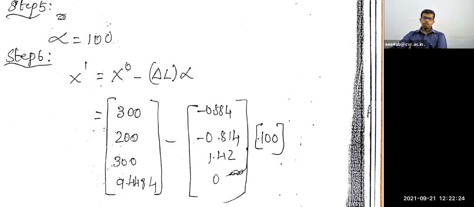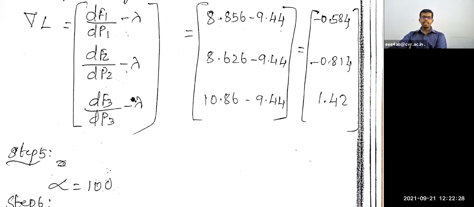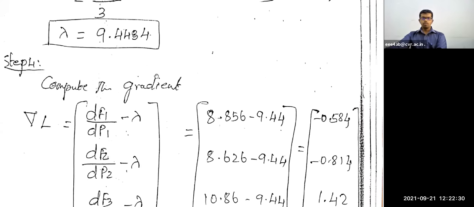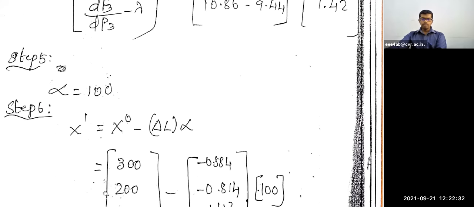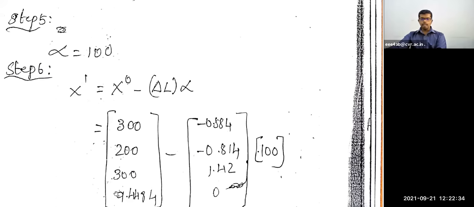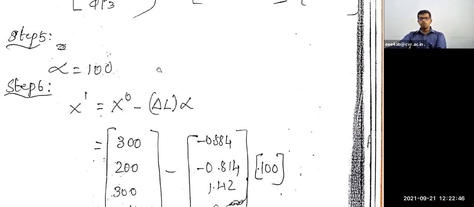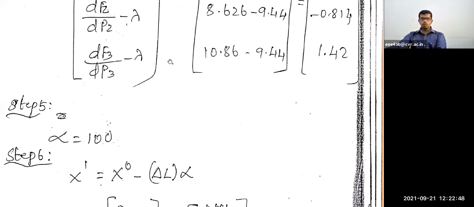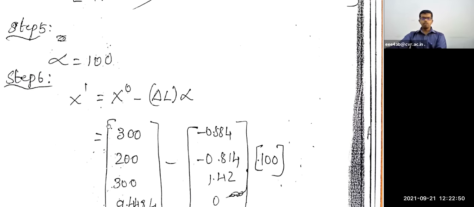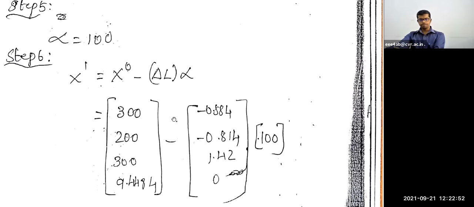That is 300, 200, 300, and the lambda value we calculated, that is 9.4484. Whatever value you are getting, you add over here, because someone may consider values like 400, 200, and 200. Someone might consider those, so you will be getting a different answer over here.